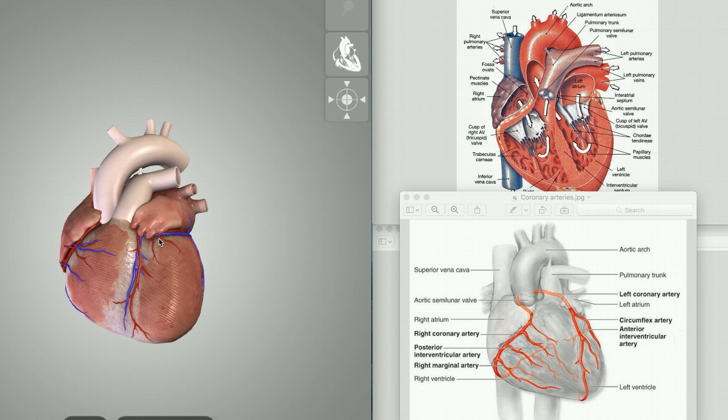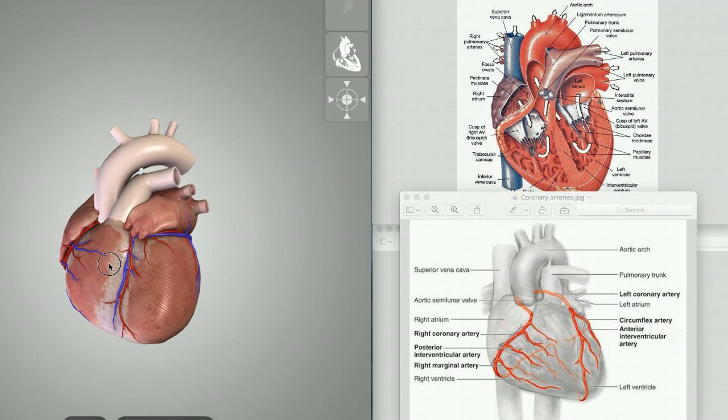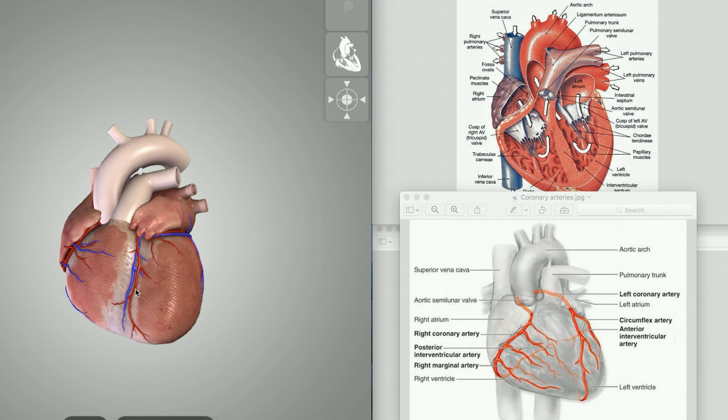There's one there and a main big one here. The main big one is the anterior interventricular artery, and these two little ones are known as the circumflex artery.